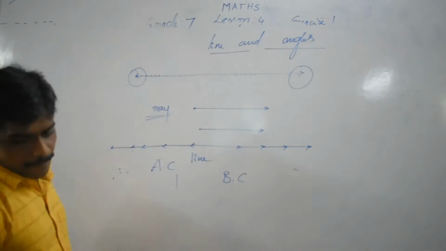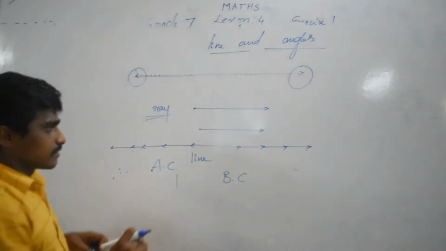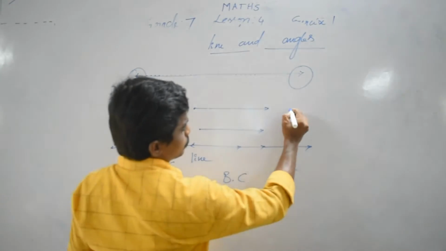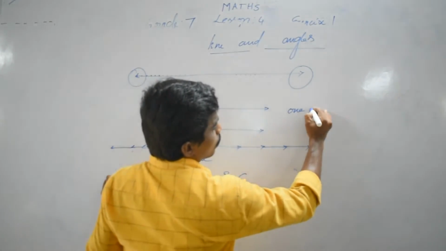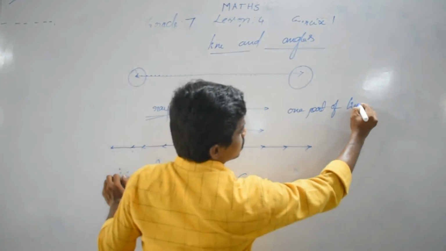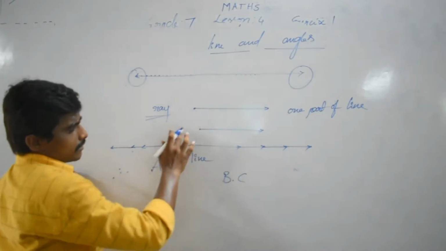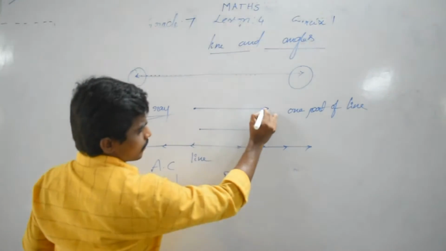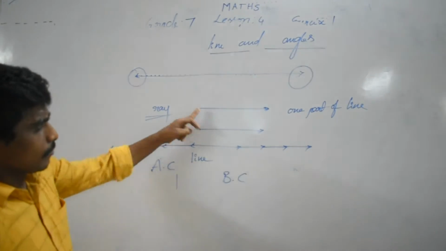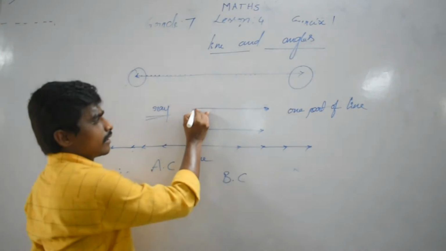Now a ray. A ray is one part of a line. Simple. Here, see, this is a line. We are forming a ray here.